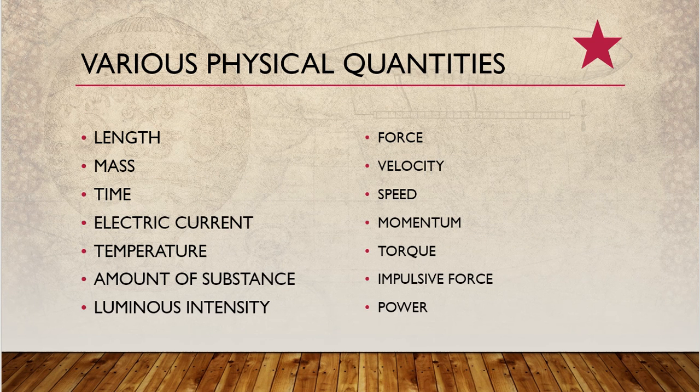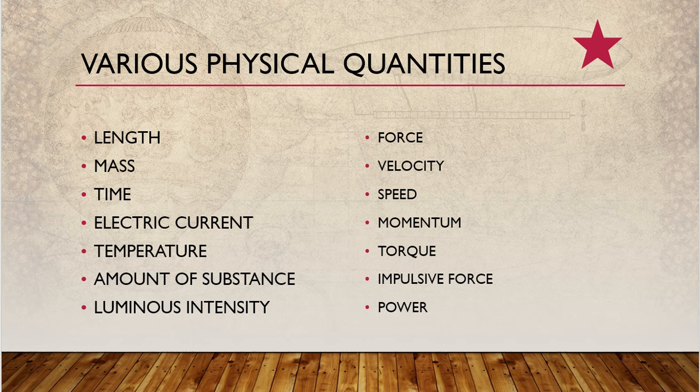Here, I have listed various physical quantities. Those are length, mass, time, electric current, temperature, amount of substance, luminous intensity, force, velocity, speed, momentum, torque, impulsive force, and power. These are all the various physical quantities.